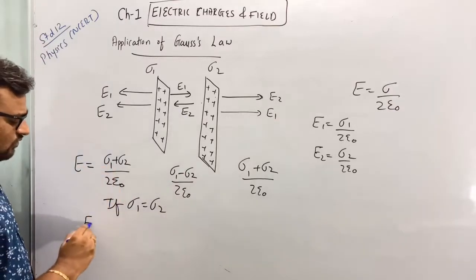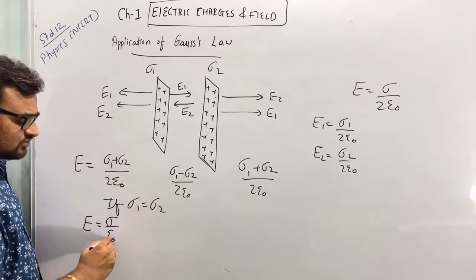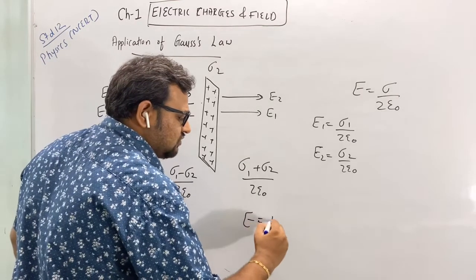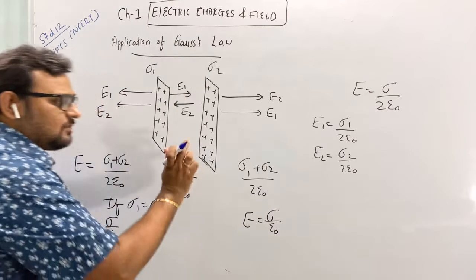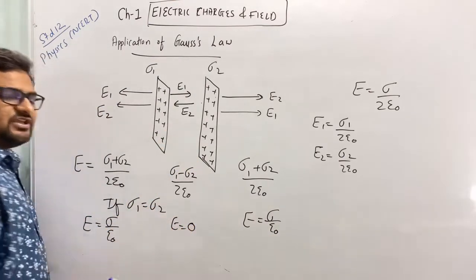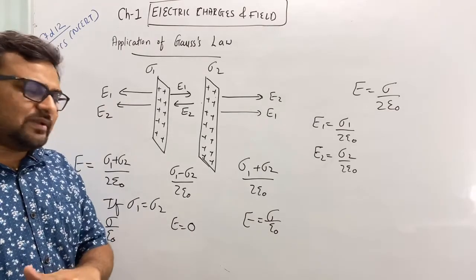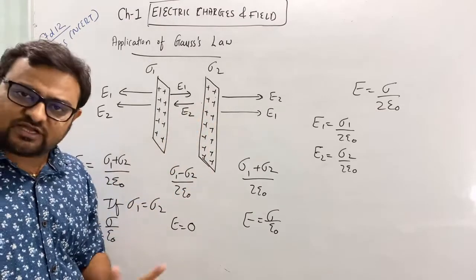This will be 2 sigma by 2 epsilon 0, so sigma by epsilon 0. Same way here also, sigma by epsilon 0. But in the center, sigma minus sigma is 0. Clear?